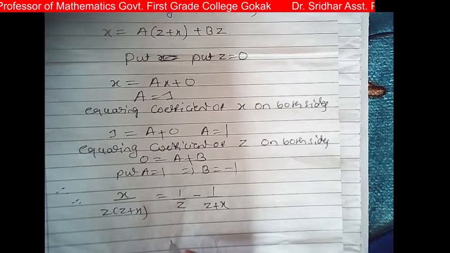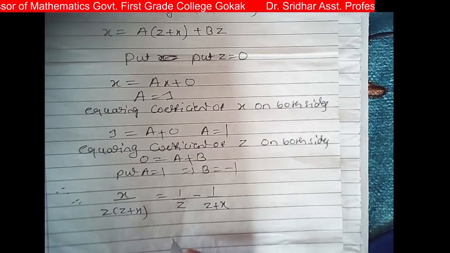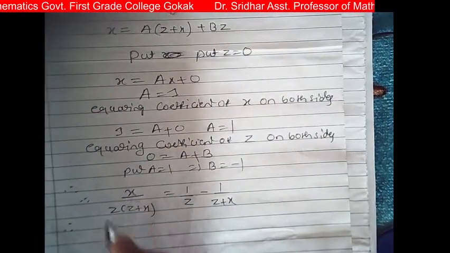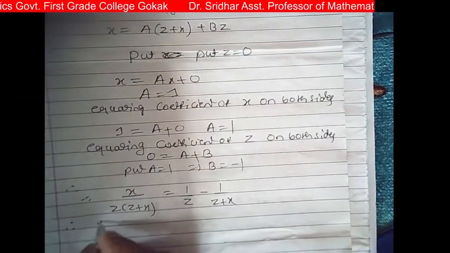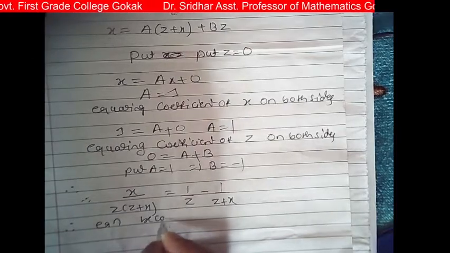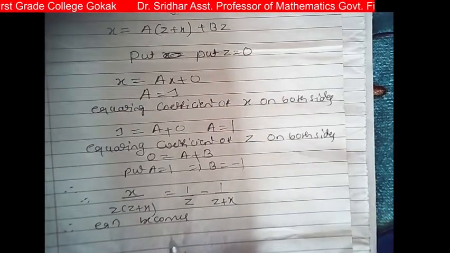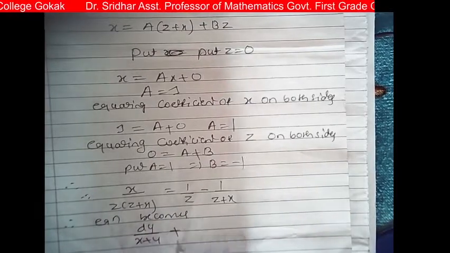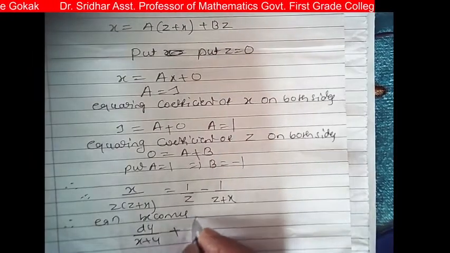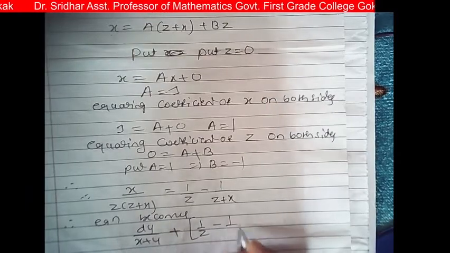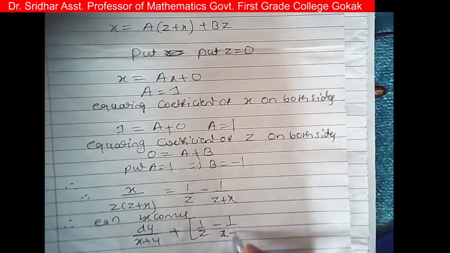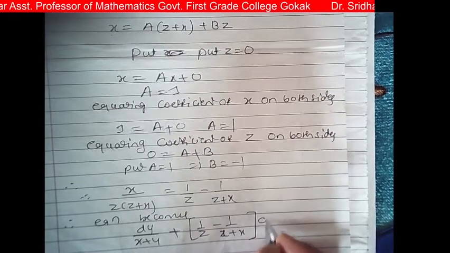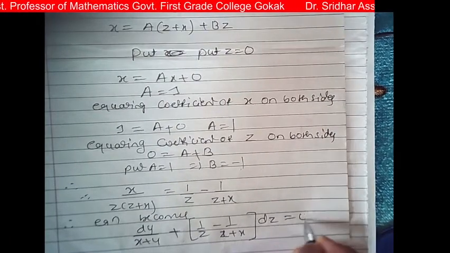So therefore the equation becomes, what we have in the equation, dy by x plus y. Now we have split this in the form of 1 by z minus 1 divided by z plus x, dz is equal to 0.